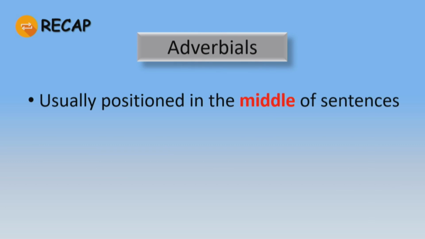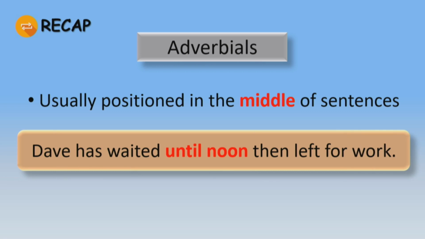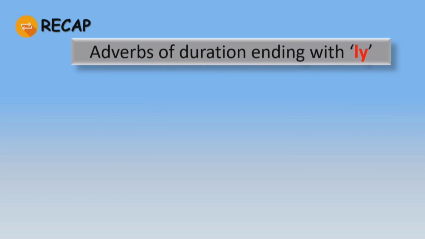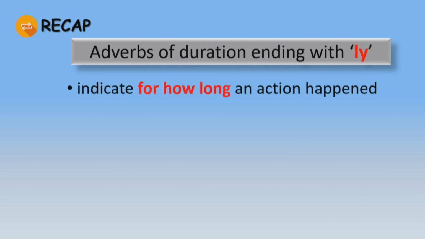Prepositional phrases functioning as adverbials are usually positioned in the middle of sentences. Example, Dave has waited until noon, then left for work. Adverbs of duration ending with ly indicate for how long an action happened.